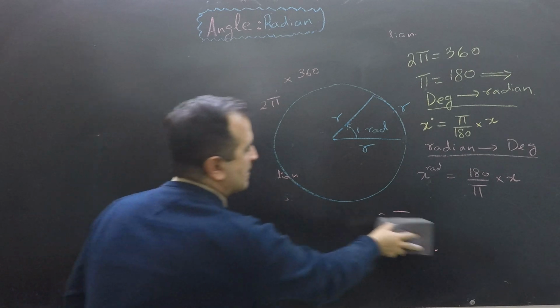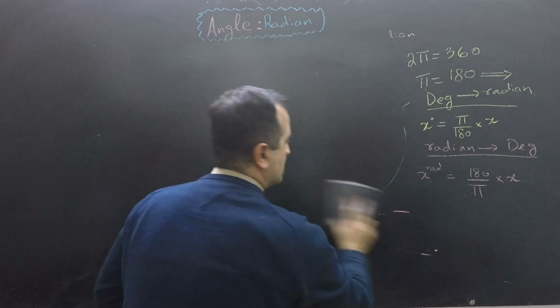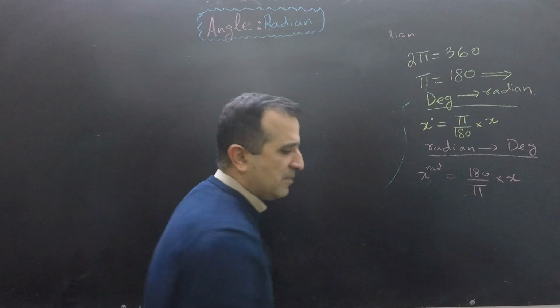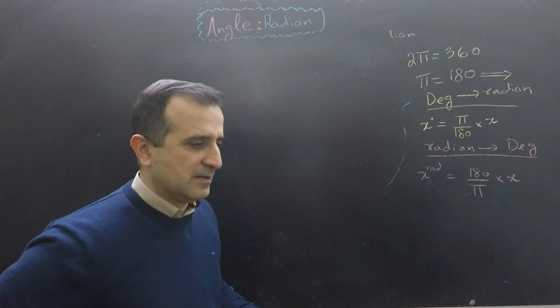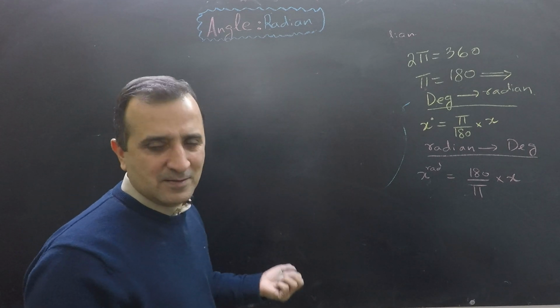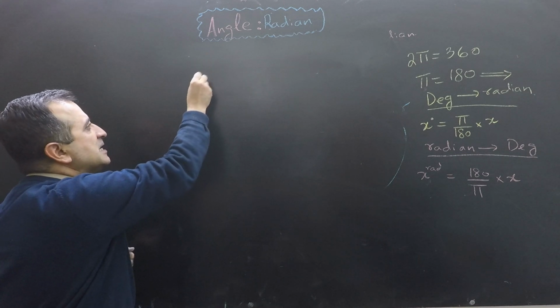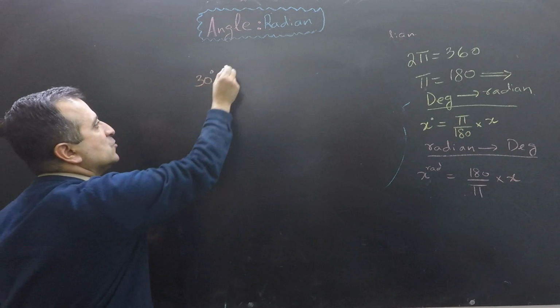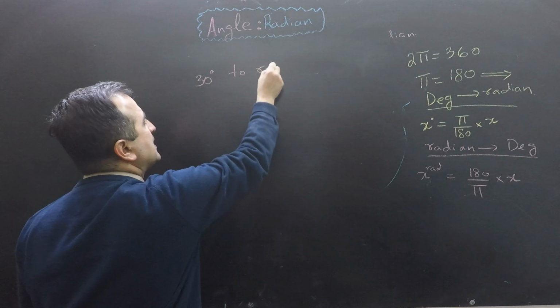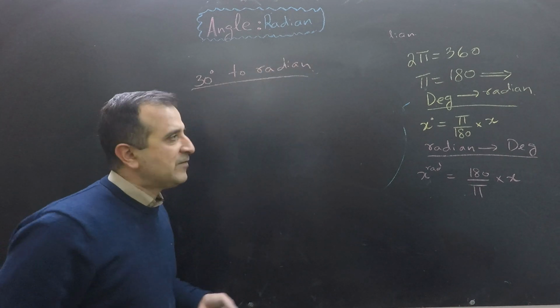So let's say, we might use a calculator to solve it, or maybe we just leave it and don't calculate it properly. What is 30 degrees in radians? We have to convert 30 degrees to radians. What's the formula going to be here?